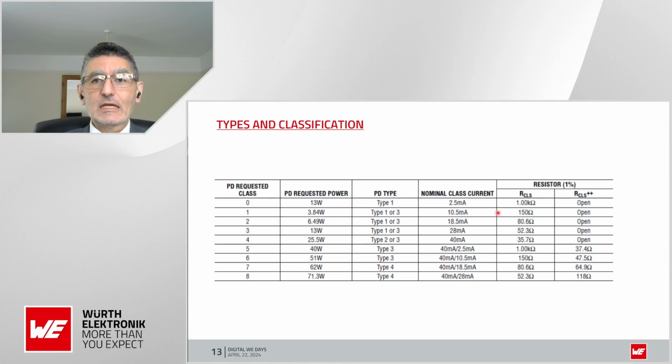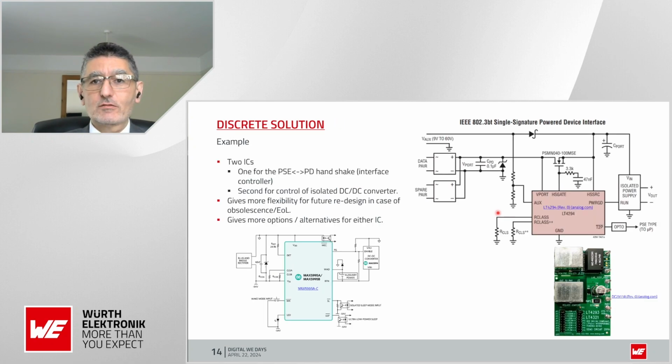You can see that the PSE would be detecting the level of power required by the PD through these classification resistors. It actually sends a probe voltage and detects the current, and accordingly would identify this is a class 1, class 3, class 5, class 8 power device. Okay, so that's the handshake side of things.